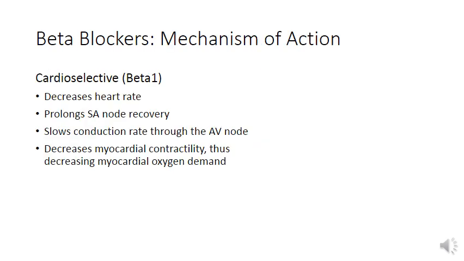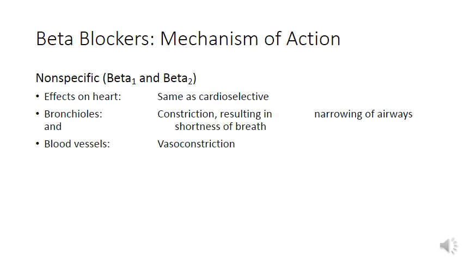This is the mechanism of action. They decrease heart rate and myocardial contractility, prolong SA node recovery, and slow conductivity. So some of them are used for treatment of cardiac arrhythmias.